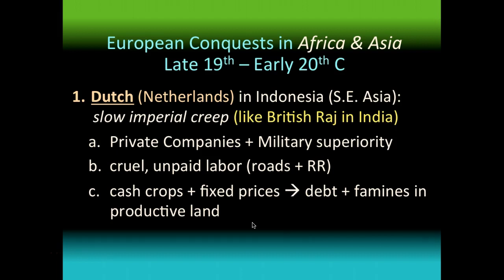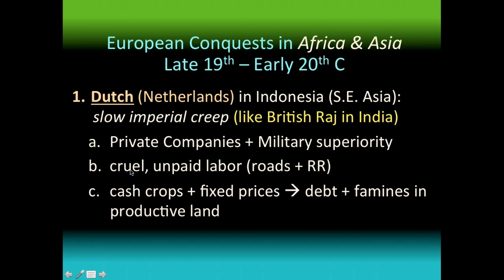They slowly crept in with private companies, as the Dutch did in Indonesia, and they had military support for their private companies, and their military was far superior to what was seen in Southeast Asia, which is why they had so much ability.